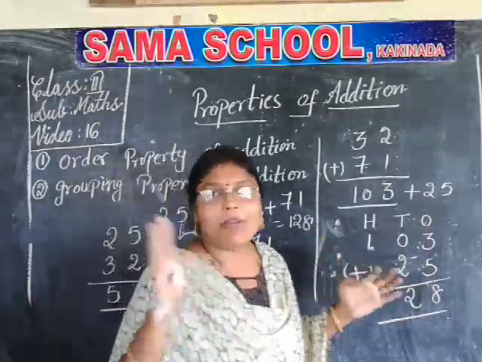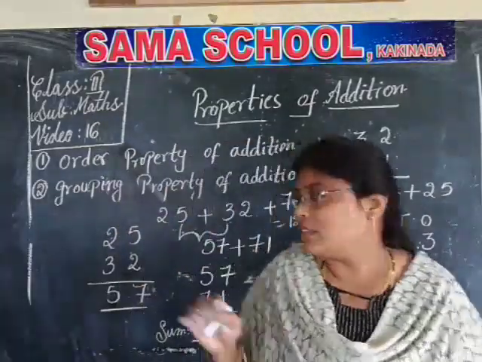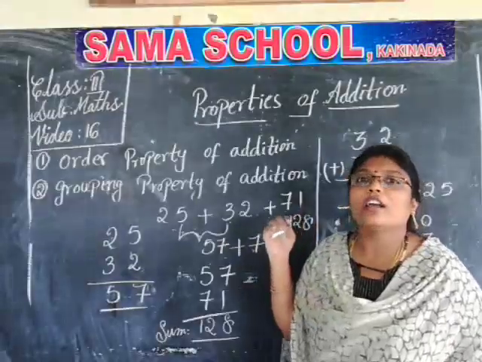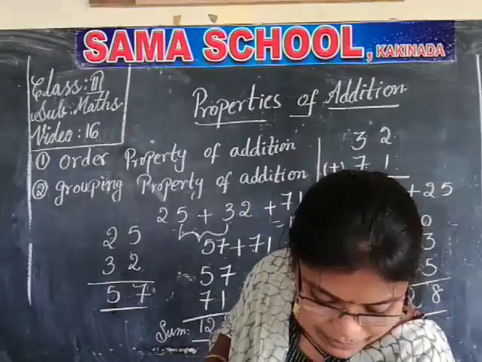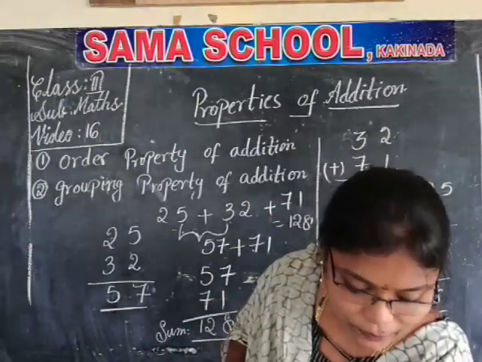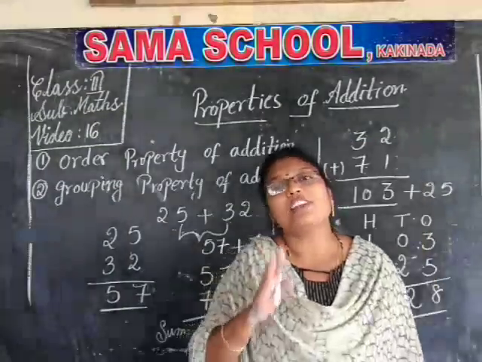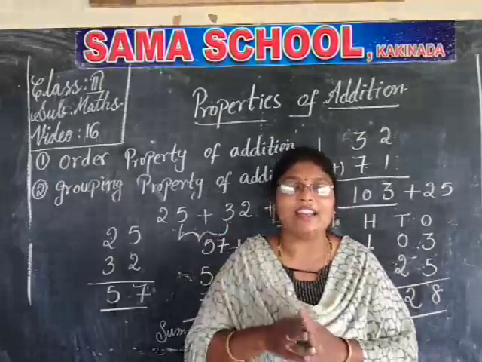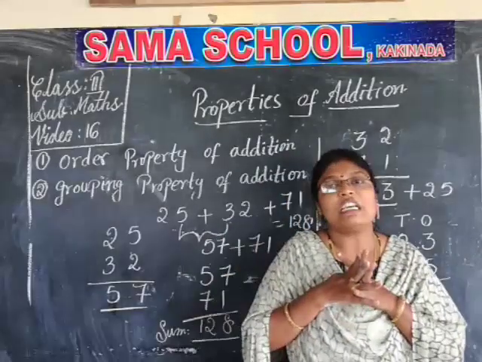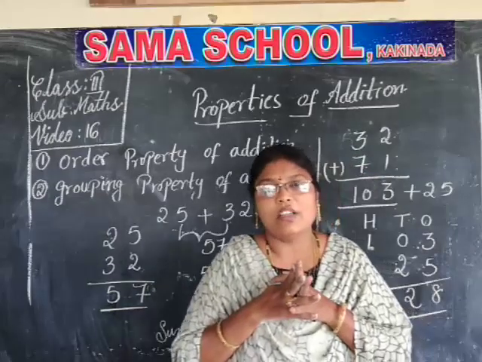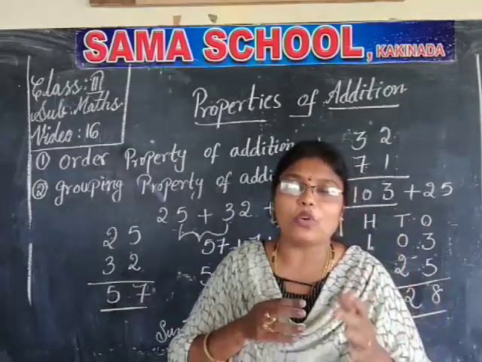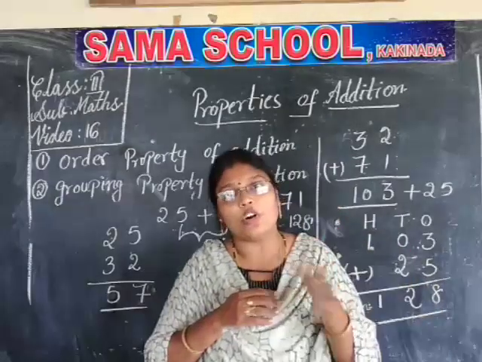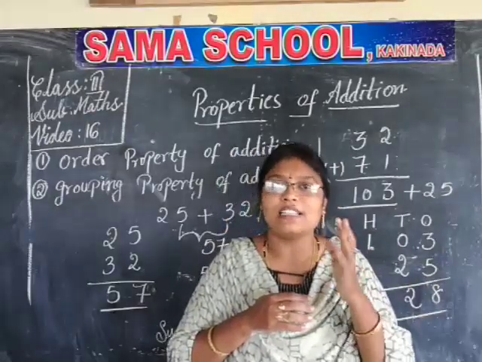But the sum remains the same. This property is called the grouping property of addition. So what is the grouping property of addition, children? When more than 2 numbers are added, they can be grouped in any way, in any order. The sum remains the same.